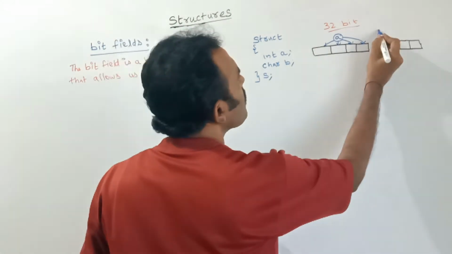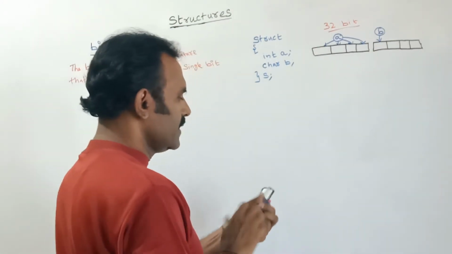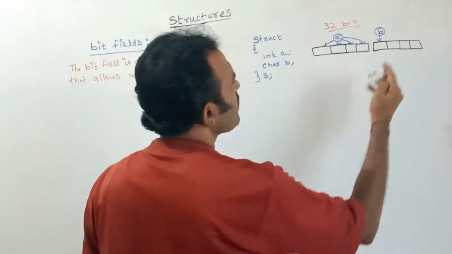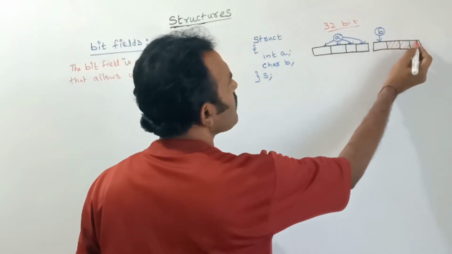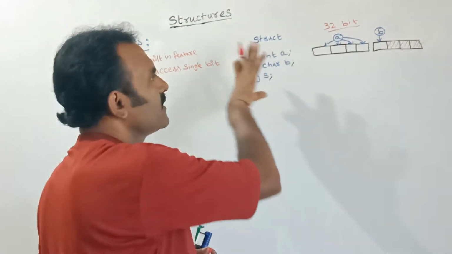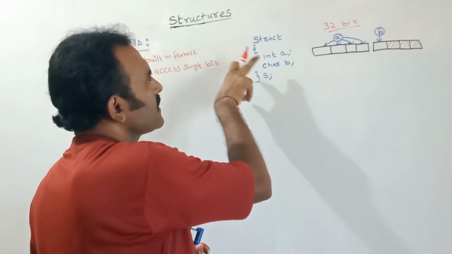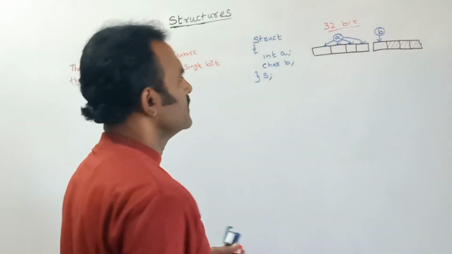For B, only 1 byte is allocated. The remaining 3 bytes are empty bytes. Normally, if you create a structure and declare structure members, it will allocate like this.